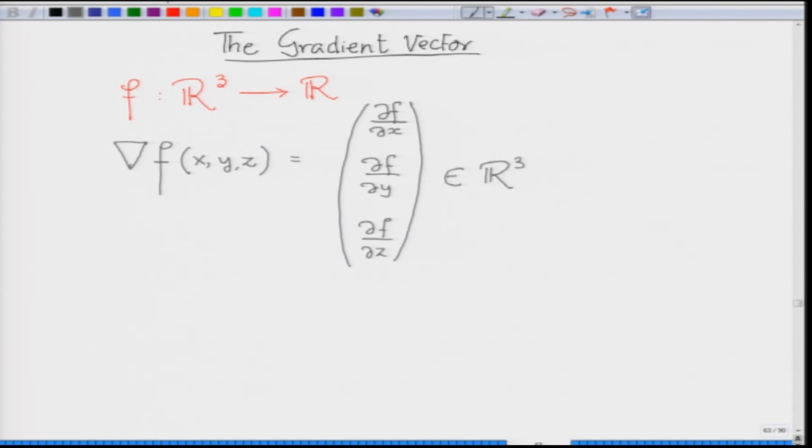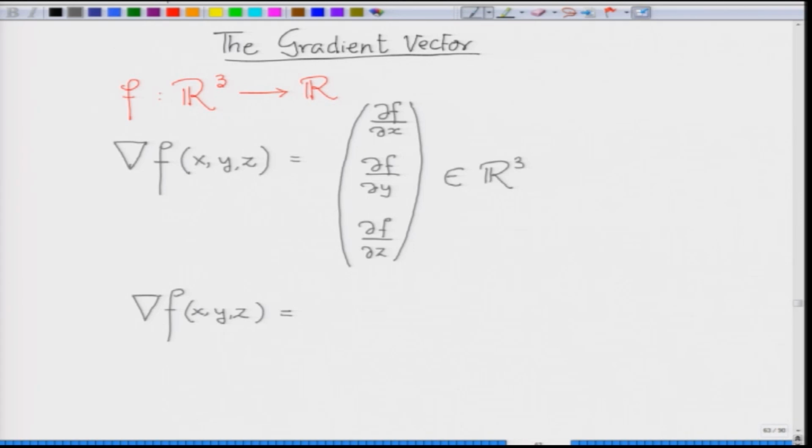Of course, these are coordinates, a vector grad f at x, y, z can be also written in the way which the physicists would like.